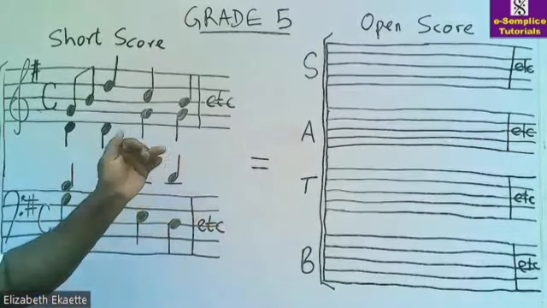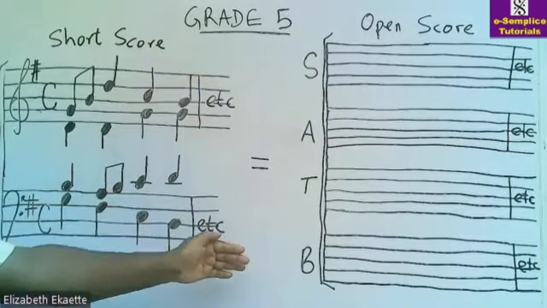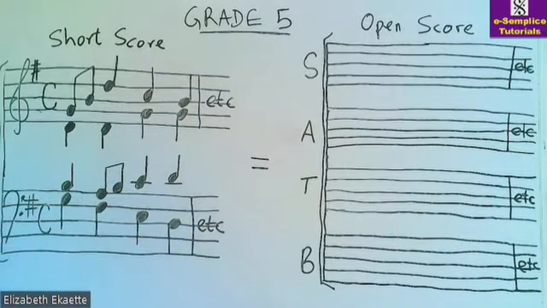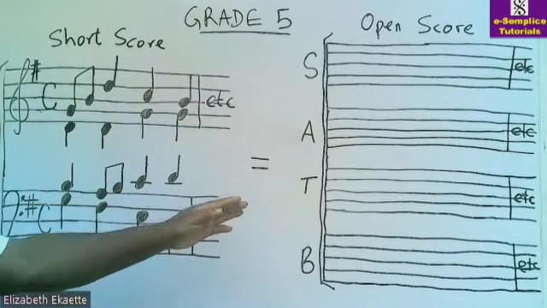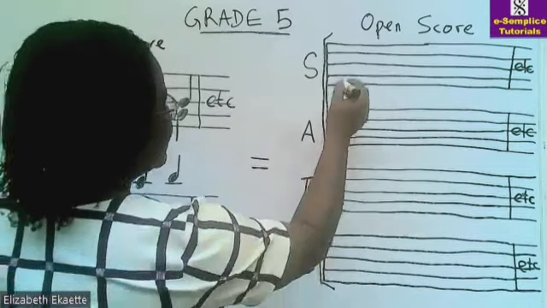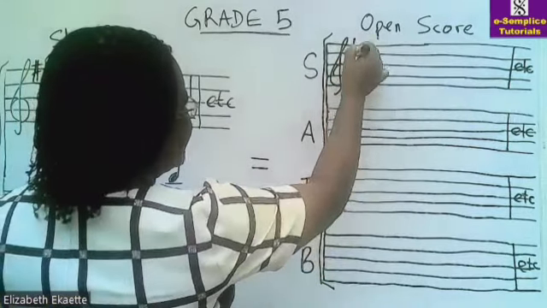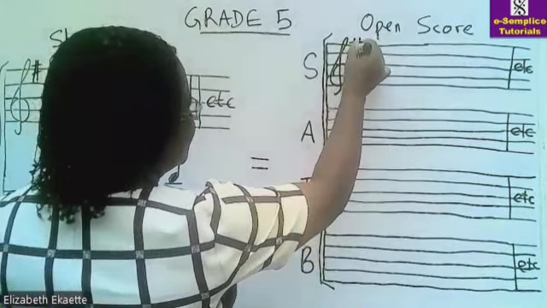So let's start by moving the soprano notes first, alto and bass, then we will now see how it applies when we move the tenor notes. So let's just go. Start by putting the clef, the key signature, and the time signature.